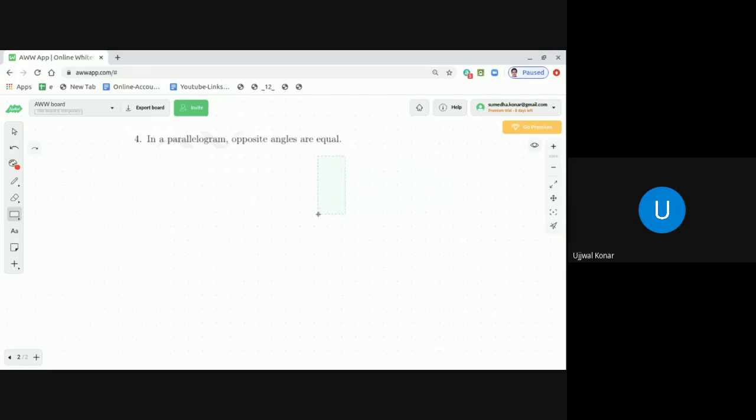Let us name this parallelogram as A, B, C, D. So ABCD is a parallelogram.